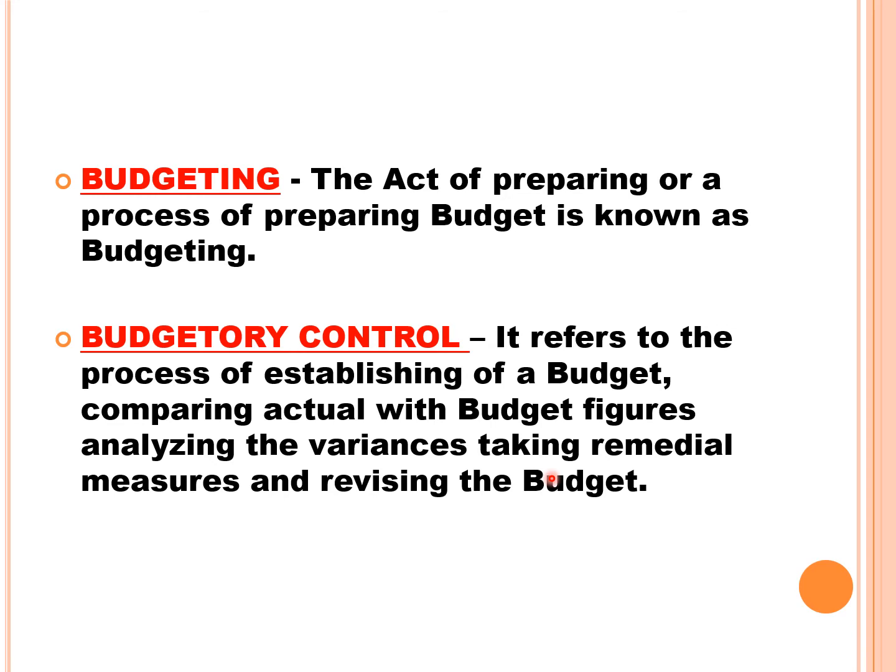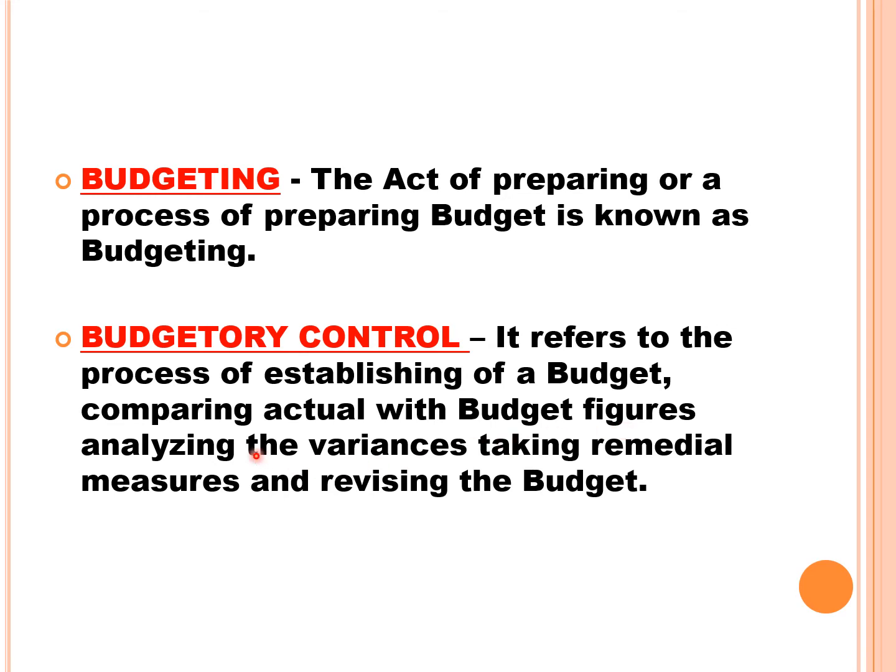So totally, this budgetary control has 5 steps. It refers to the process of establishing a budget, that is budgeting. So you prepare the budget. Number 1, comparing actual with budget figure. Number 2, you compare the budgeted amount with the actual amount.